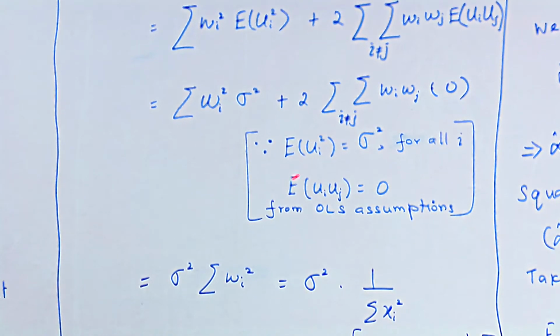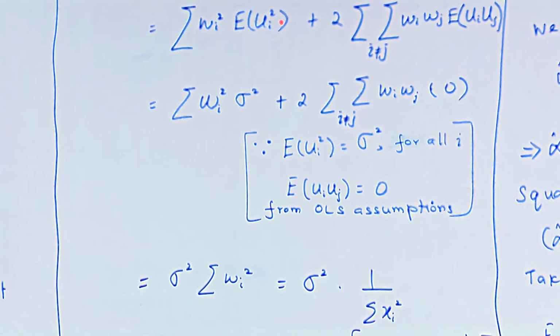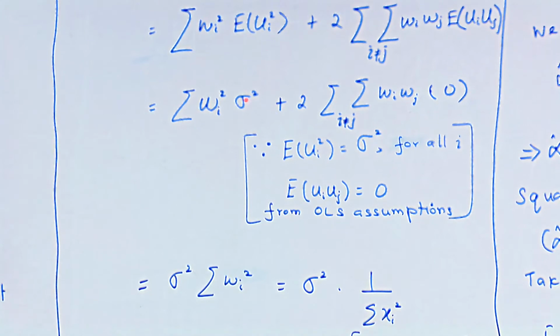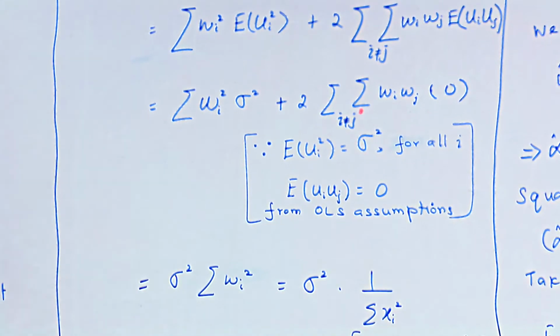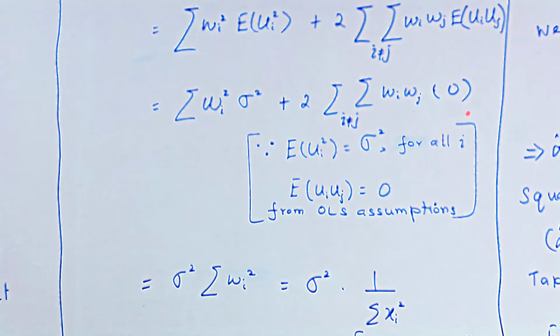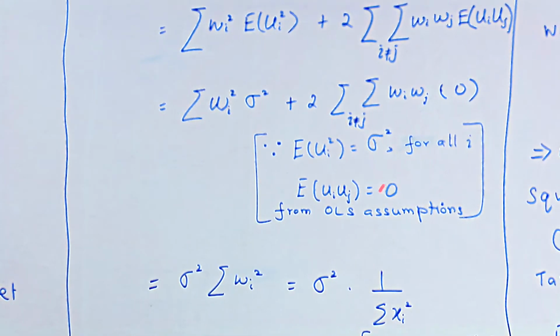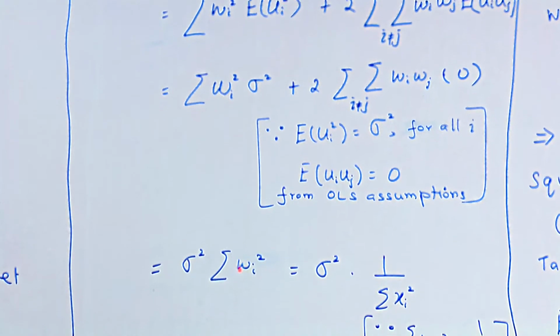So applying this, we get sigma wi square into sigma square, since expectation of ui square is sigma square for all i, and expectation of ui uj is equal to 0 for all i not equal to j. If we reduce this after substituting these values, we get sigma square into sigma wi square.